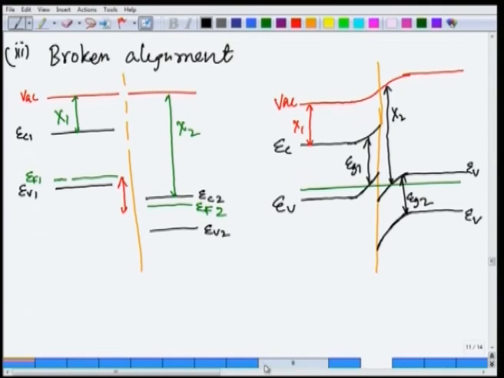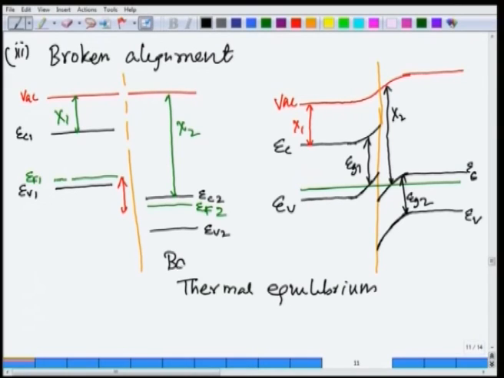We get a diagram of this kind. So, this is the thermal equilibrium band diagram.